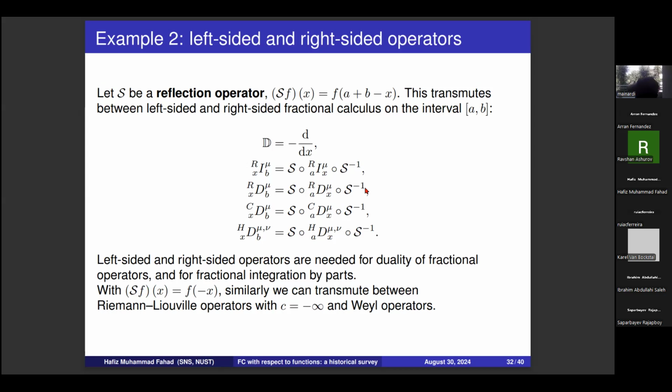In this case, the first order ordinary differential operator is just the negation of the classical first order differential operator, and starting from the left-sided operators, we obtain the right-sided fractional operators. We also know the importance of the concept of left-sided and right-sided in the literature. For example, they are needed for duality of fractional operators and for fractional integration by parts.